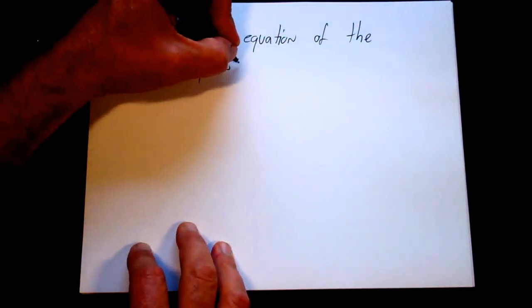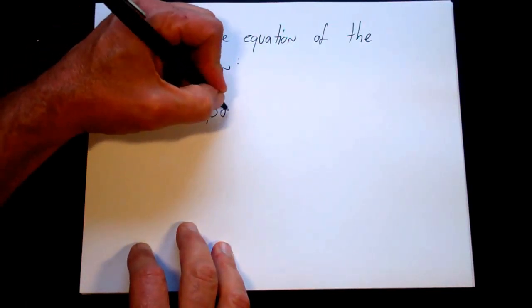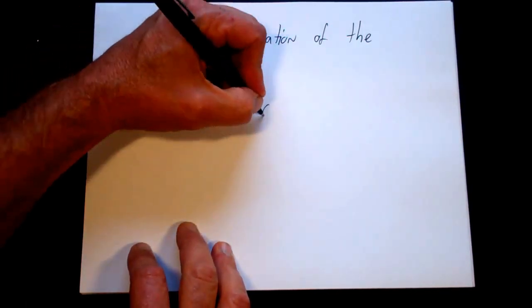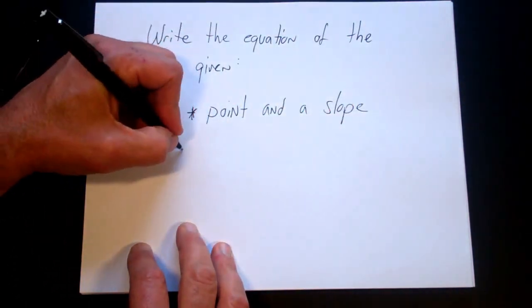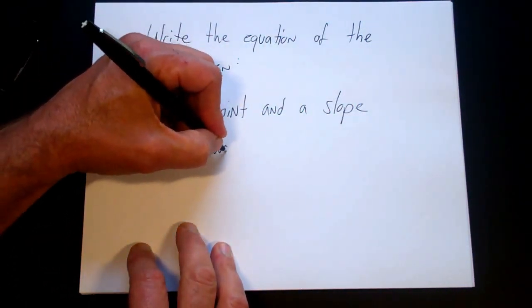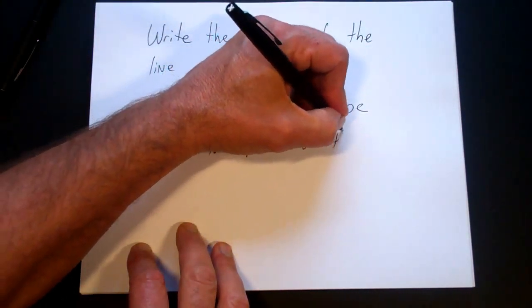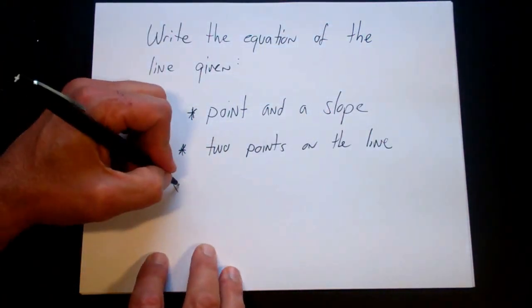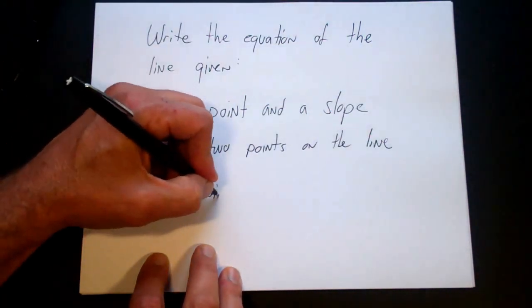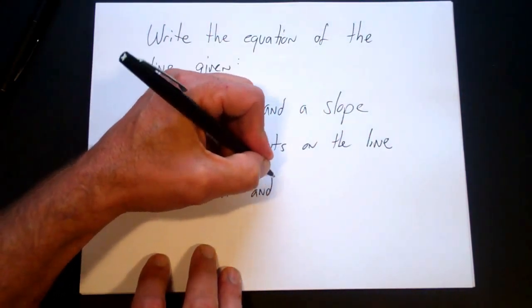And the information you might be given is that you might be given a point on the line and a slope, or you might be given 2 points on the line, or you might be given a point and a perpendicular line or a parallel line.